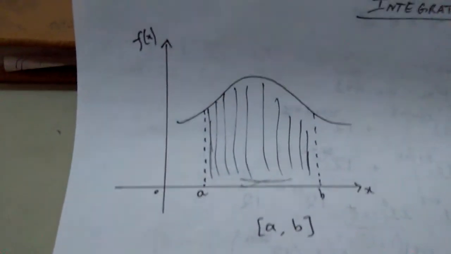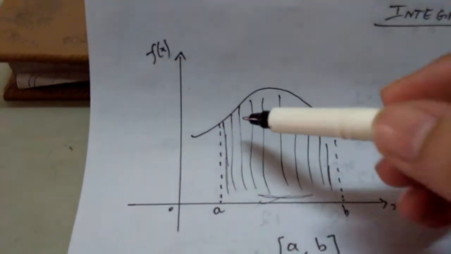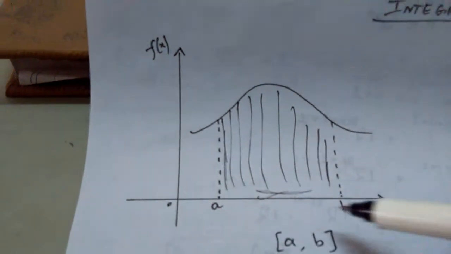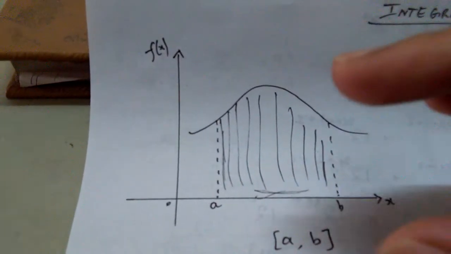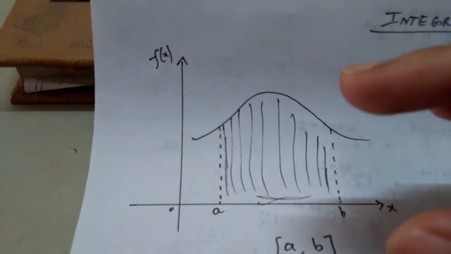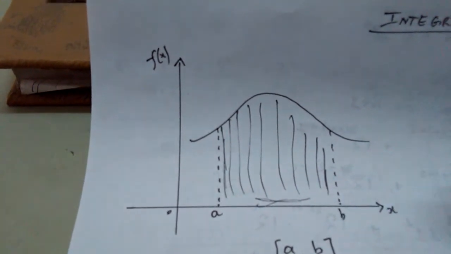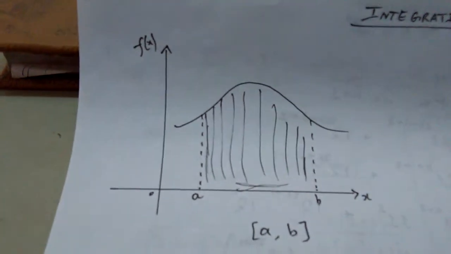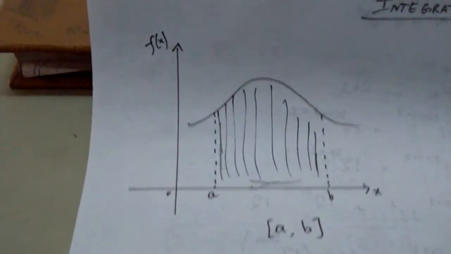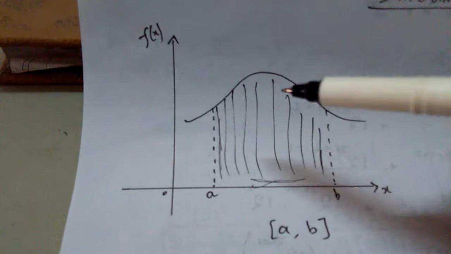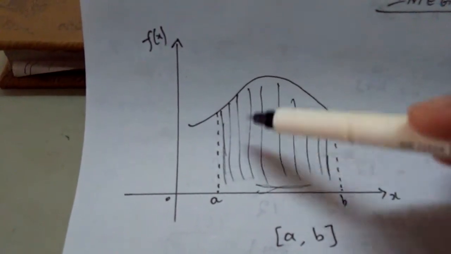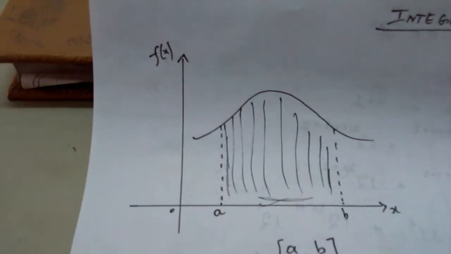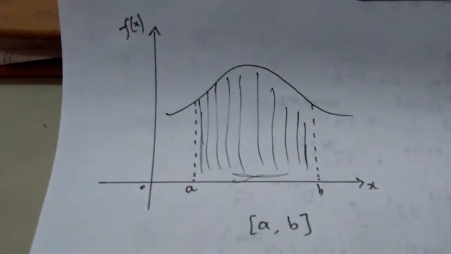What I have to do is simply divide this entire area under the curve within these limits into a particular number of rectangles having the same width. In the beginning we are going to divide this entire region into n rectangles of the same width, and it appears like this.